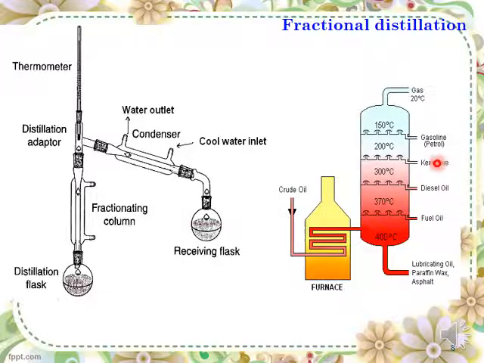Further higher, up to 300 degrees Celsius, we can obtain diesel oil. At 370 degrees Celsius, fuel oil. And lastly, at 400 degrees Celsius is the remaining lubricating oil, paraffin wax, and so on. These components are very useful for different types of vehicles.